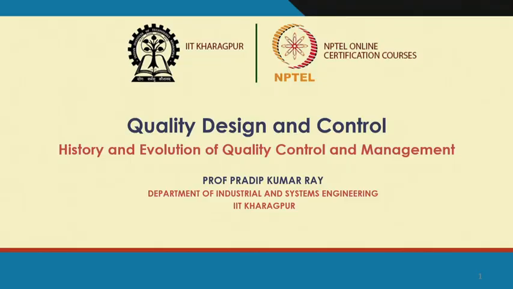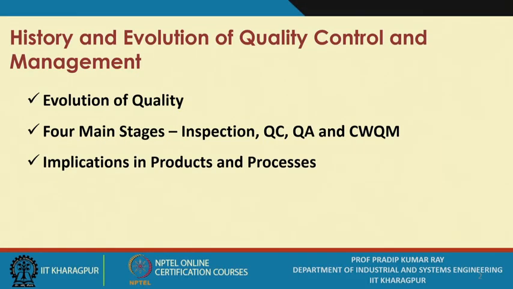So under history and evolution of quality control and management, I am going to discuss the subtopic, that is evolution of quality, 4 main stages: inspection, quality control, quality assurance and CWQM, and the implications in production processes.